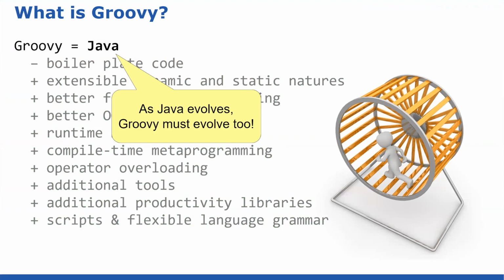But obviously, when we say it's Java minus some stuff and plus some other stuff, Java's evolving all the time. So as a language, every time a new release of Java comes out, we make a call. Do we want to support any new syntax that might be there? Can we automatically? And usually we often do.